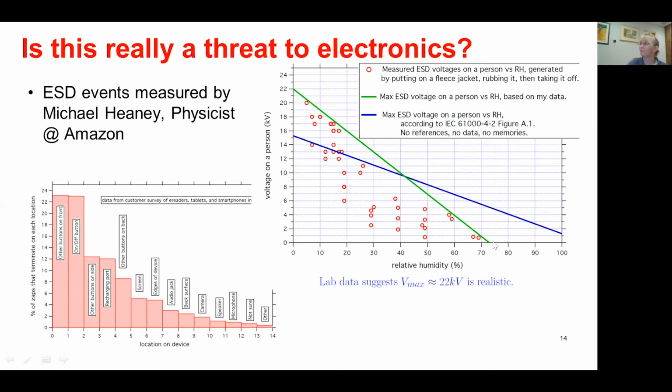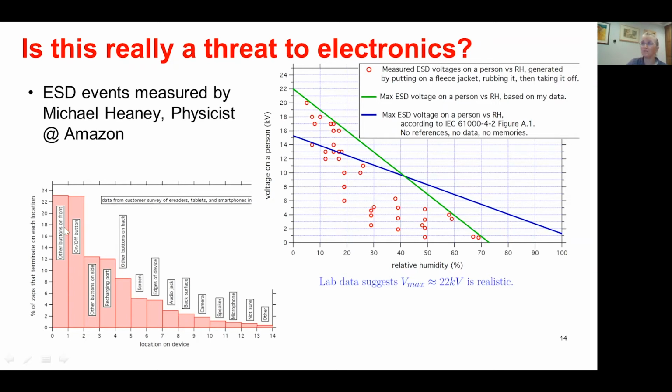As the relative humidity increased up to like 60%, the maximum he was able to read was more like 4,000 volts. So this gives us a benchmark and shows that yes, these numbers are real, and although the higher levels are more extreme depending on environment, these are something to pay attention to.